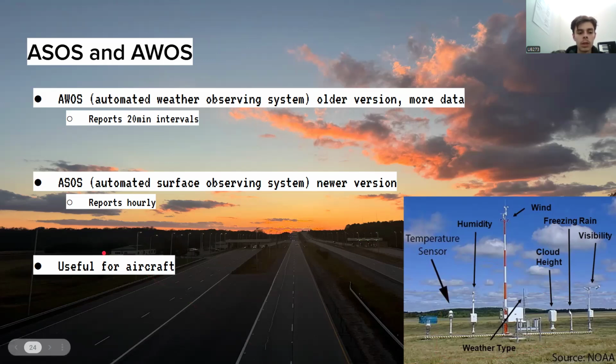We used to have just AWOS, which is the Automated Weather Observing System. We have more stations for this since it's older, and it can report in 20-minute intervals. ASOS is the Automated Surface Observing System. It's the newer version, and it reports hourly. Once again, this can be useful for aircraft.